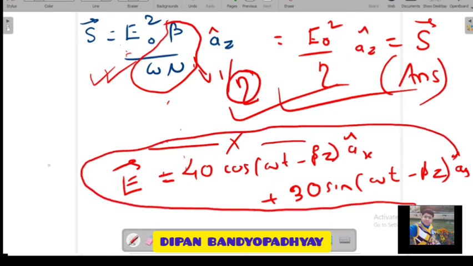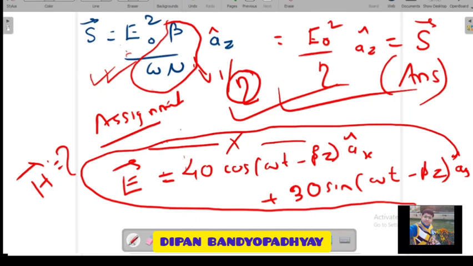What will be your H for this problem? You can take it as an assignment. That means the process is the same. Note, remember the amplitudes are different.